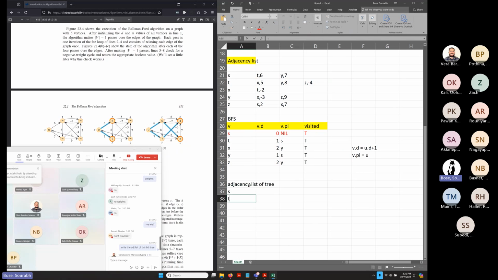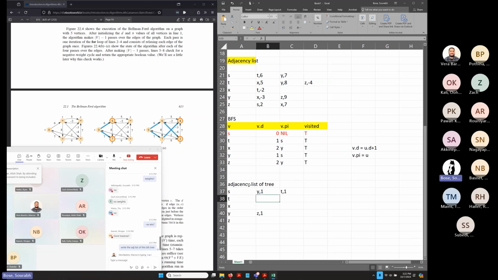So S, T, X, Y, Z. I'm just doing the adjacency list of the tree, not the entire graph. So from S, I go to Y with a cost of 1. From S, I also go to T with a cost of 1. From Y, I go to Z with a cost of 1.